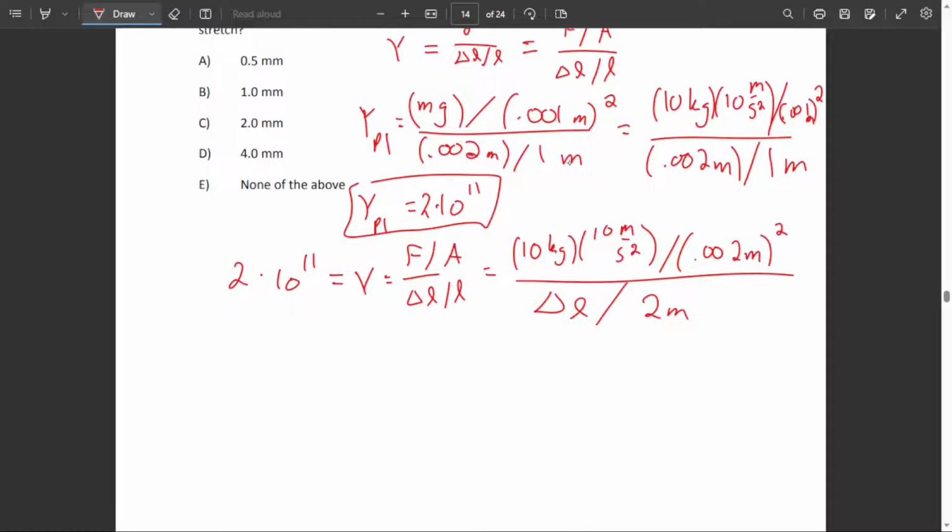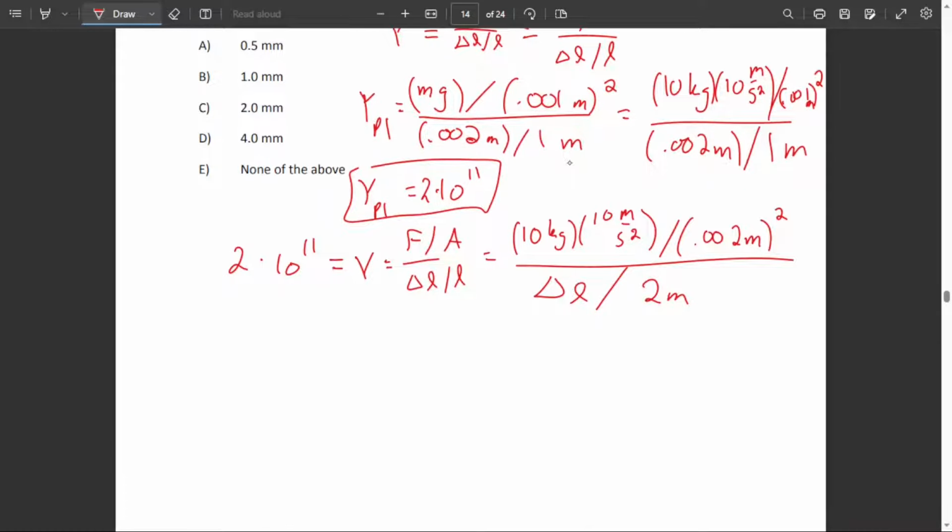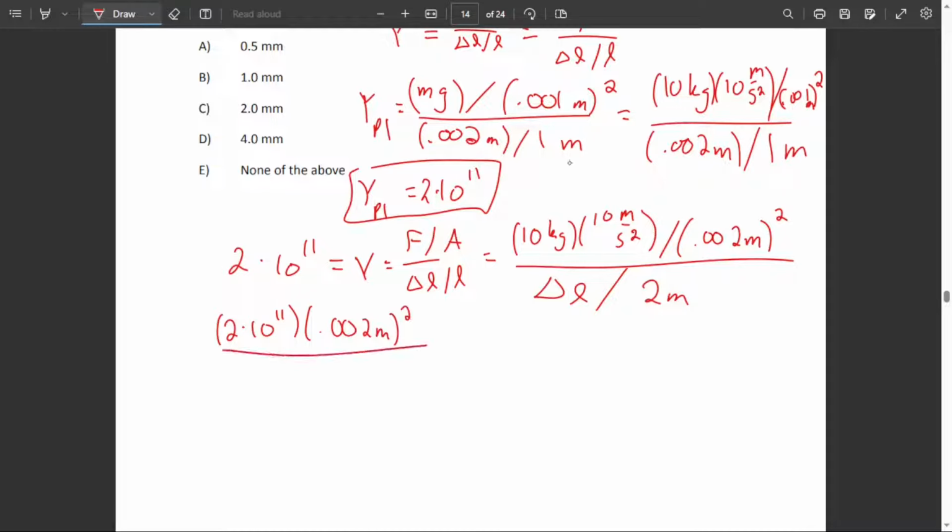If we divide by the force, multiply by the area, we get 2 times 10 to the 11th, 0.002 meters squared, all over 10 kilograms, 10 meters per second squared. And then divide by 2 meters. No, multiply by 2 meters.